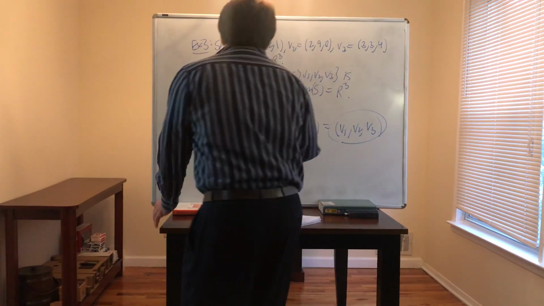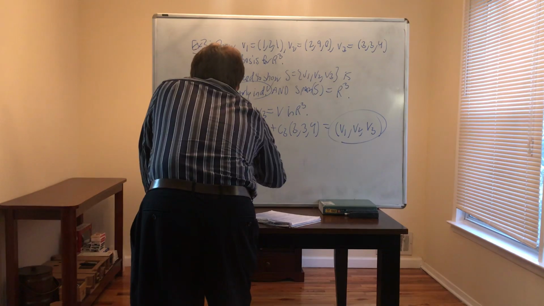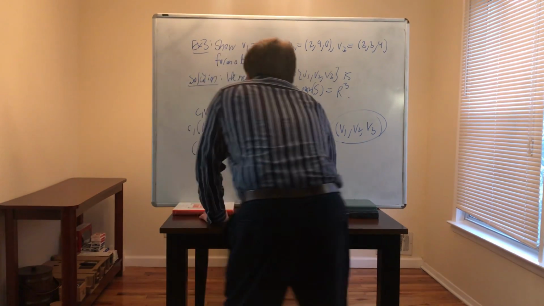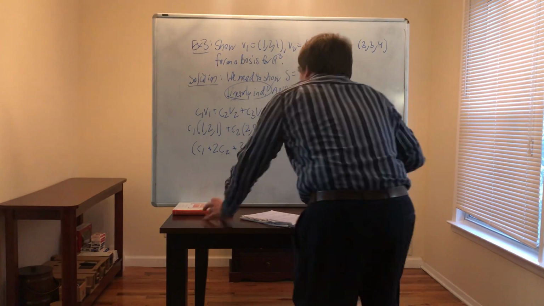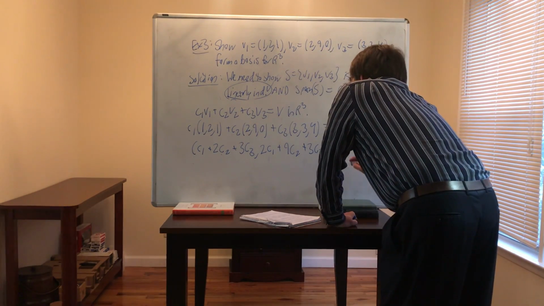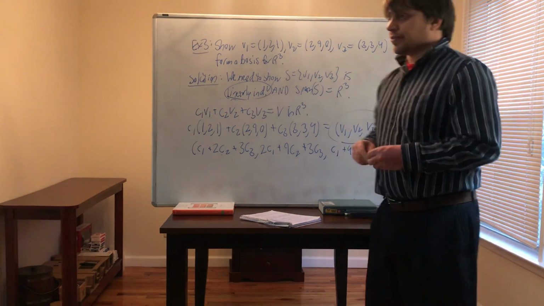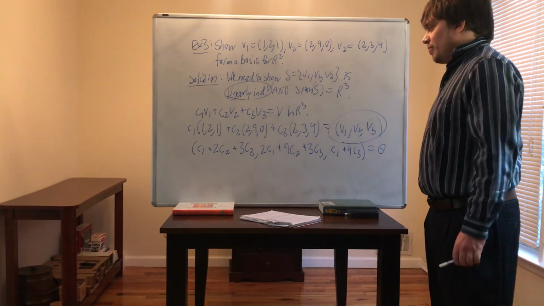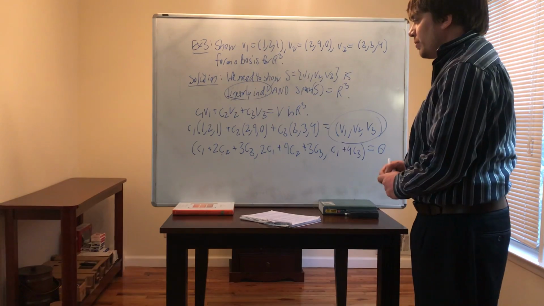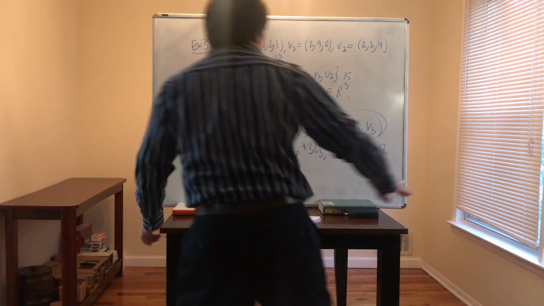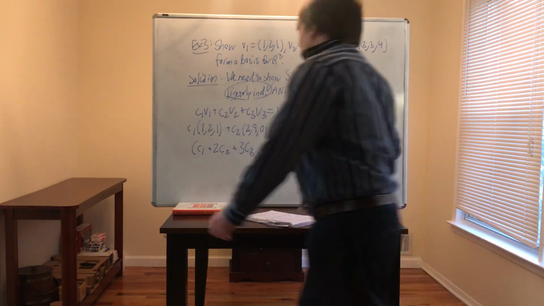And so this linear system, if you took this, you would get c1 plus 2c2 plus 3c3, 2c1 plus 9c2 plus 3c3, c1 plus 4c3. Sorry, not 0, it's v1, v2, v3.